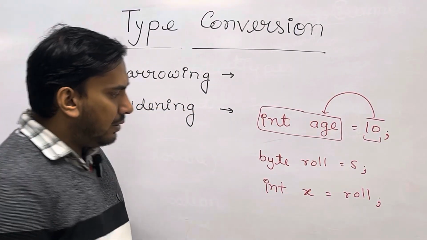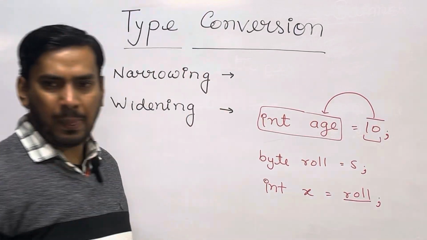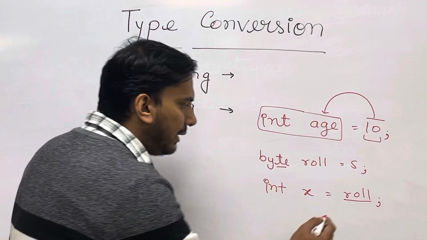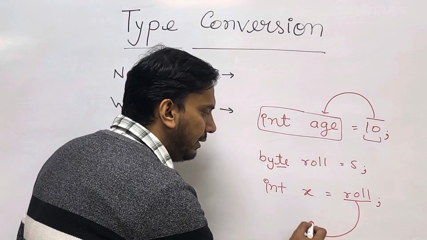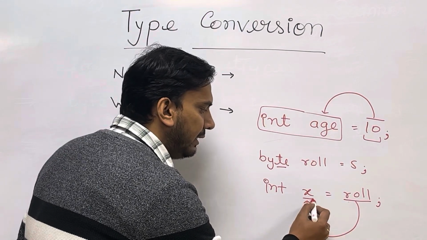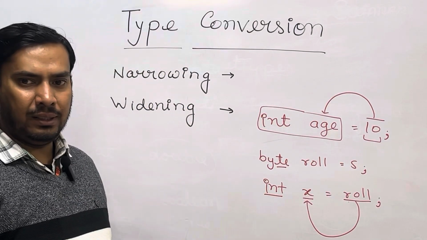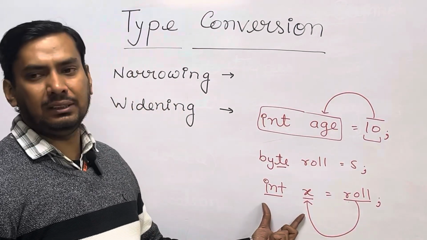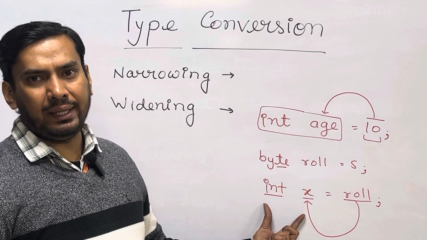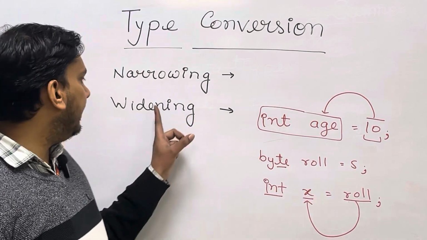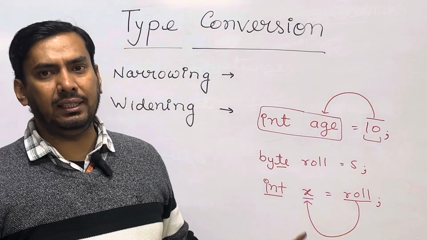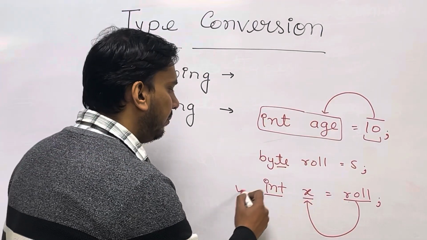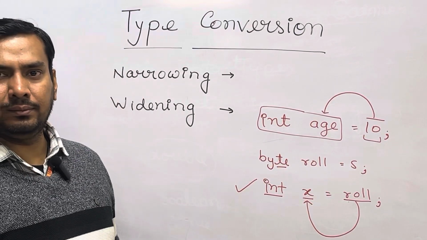Now if you see here, what is the type of roll? The type of roll is byte. It means I am trying to assign a byte type value to the variable x which is of int type. It means a lower type of value to a higher precision variable. So this is widening, and widening will not create any kind of problem. So this will compile, right?